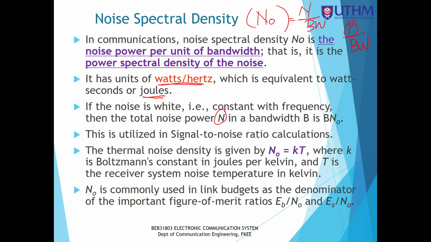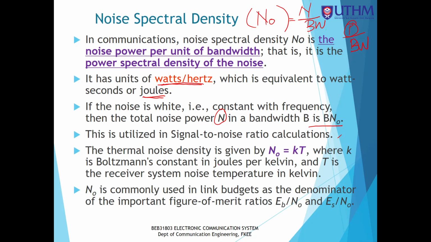Therefore N0 multiplied with bandwidth, you get the noise power. So B N0 would be the noise power. This is utilized in signal to noise ratio calculation, so we are going to see this later.